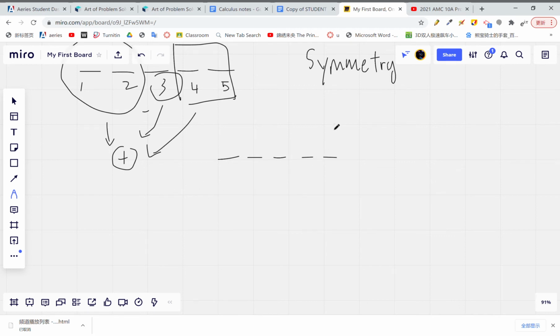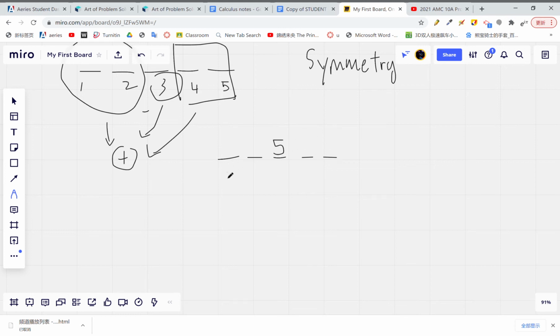So the first case is that we find the number of arrangements where 5 is in the middle. If 5 is in the middle, then we can't have a 1 on either side, because if we have a 1 here or 1 here, then it would be in decreasing order, right?